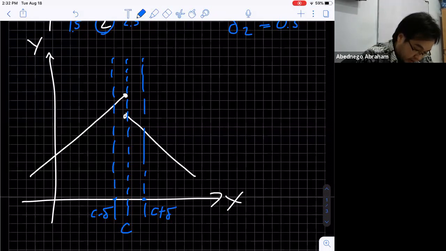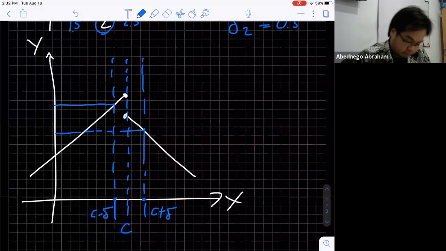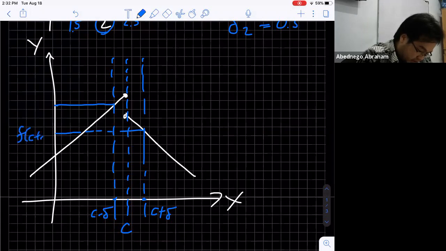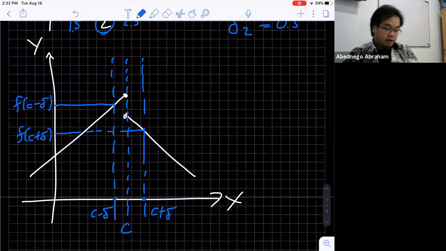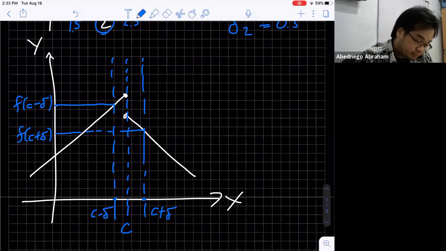I will have the function values here, and I will write this as f(c plus delta) and this as f(c minus delta).